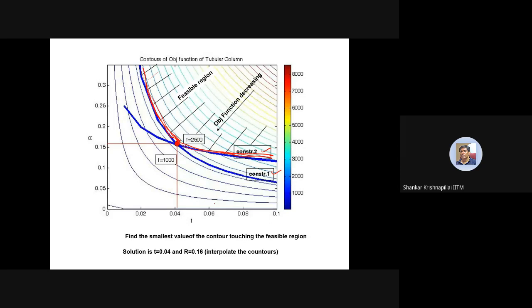You can see which is the smallest contour that just touches the feasible region. F equal to 2500 is this contour, and I think 1500 is this contour.